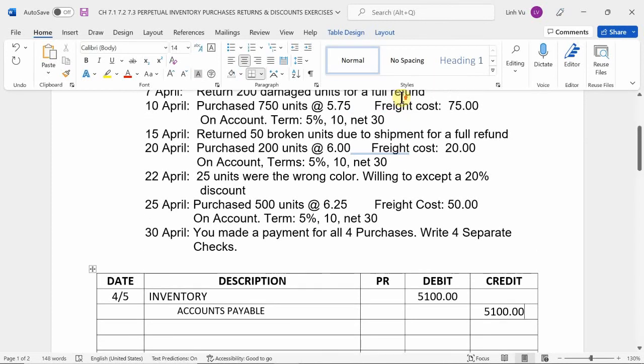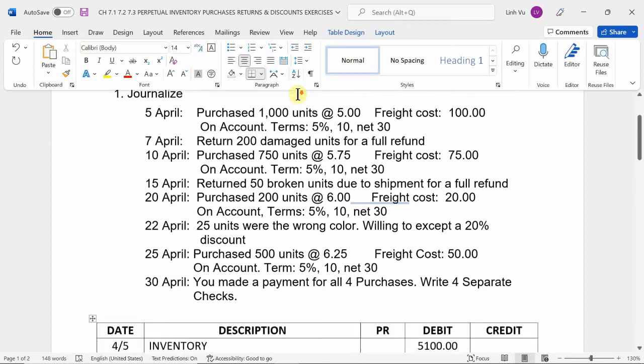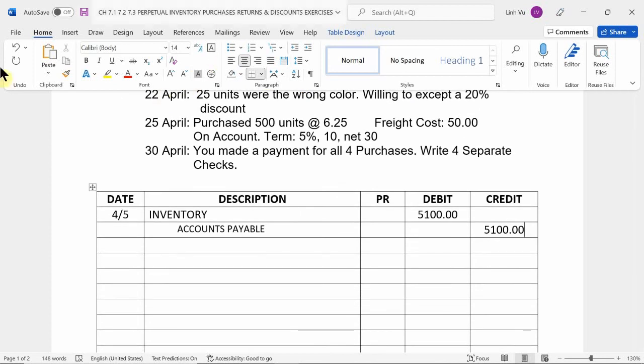And I'm going to go ahead and put a little description here so I know what I did here. We purchased 1,000 units at $5 each.